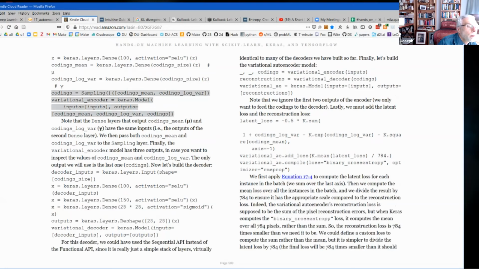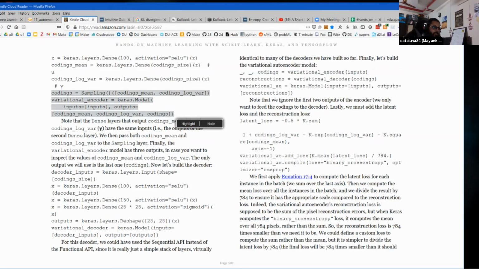Yes. So this is the thing that samples from the Gaussian. You have to give it as an input the mean and the log variance, and then it will generate a sample from that Gaussian distribution. And so the variational encoder just uses that to encode it in that way.